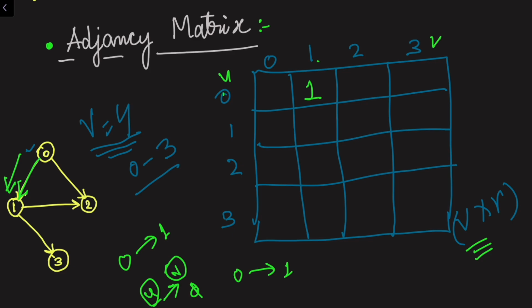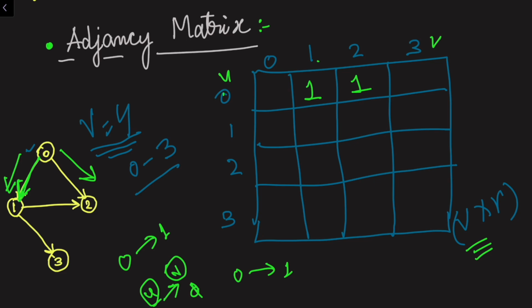This is one arrow we represented. Now from 0 to 2, this is one more, so we will mark it as 1. Now let's consider 1. From 1 to 2 there is one arrow. We will not consider the reverse arrow because it is one directional. It is only from 0 to 1 and not from 1 to 0.